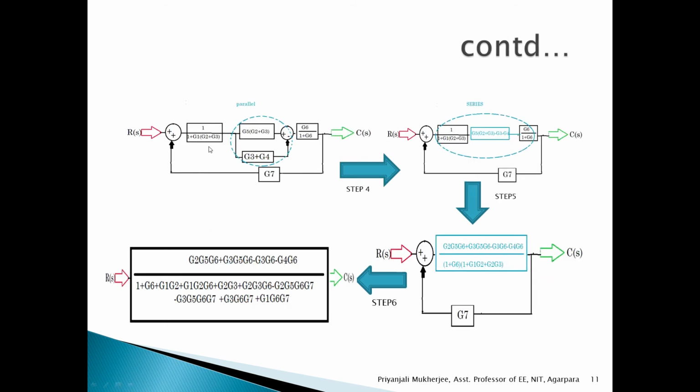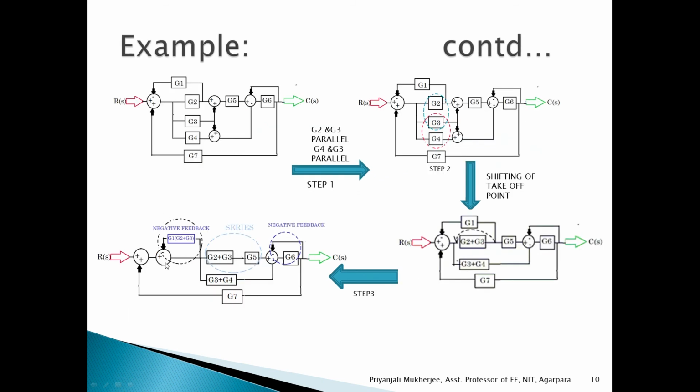For the next step, it becomes 1 by 1 plus G1 into G2 plus G3, because it was the negative feedback elimination. The forward path transfer function was 1, and for negative feedback it is 1 plus this feedback element. So it becomes 1 by 1 plus this one.